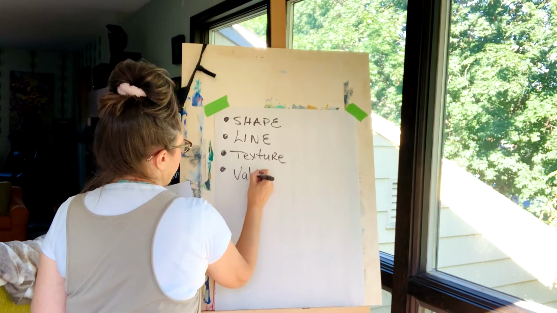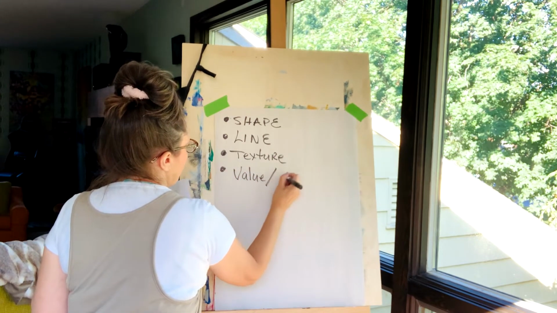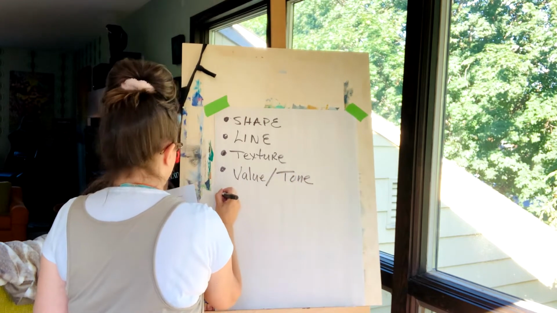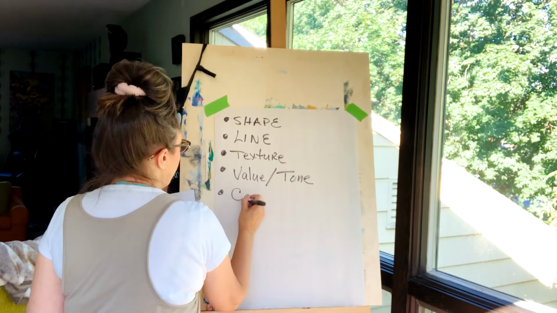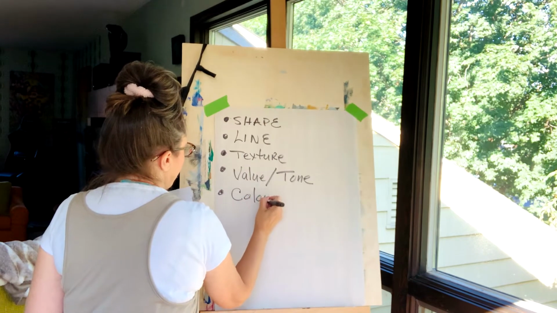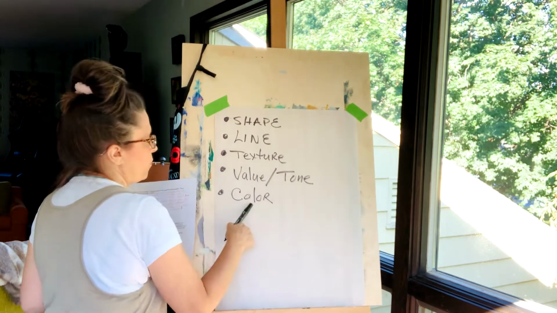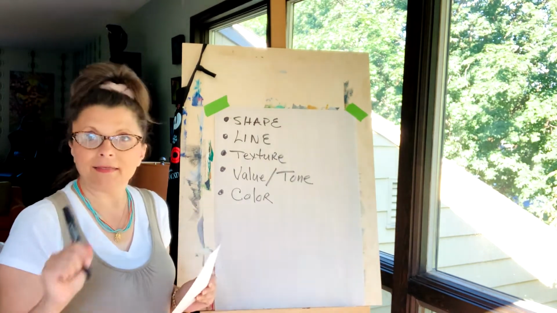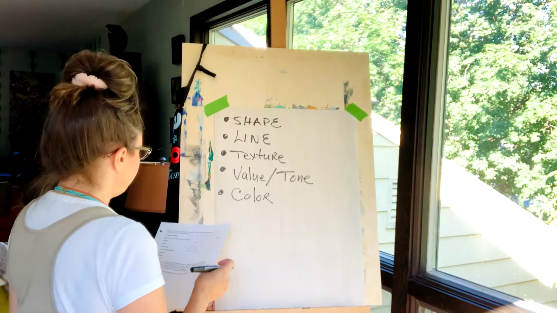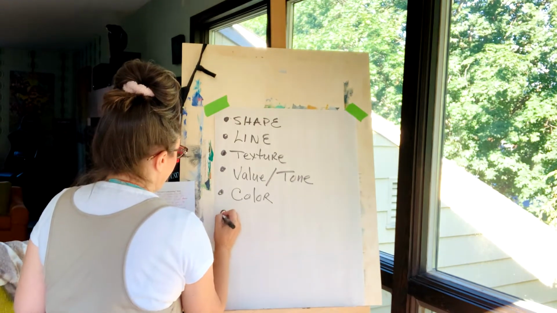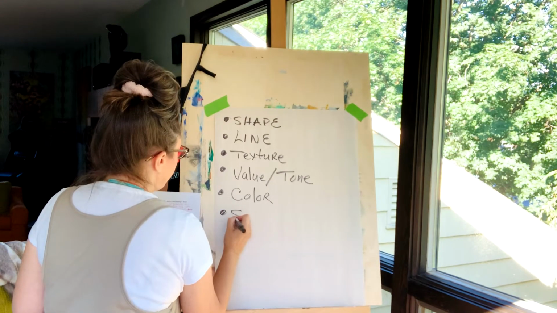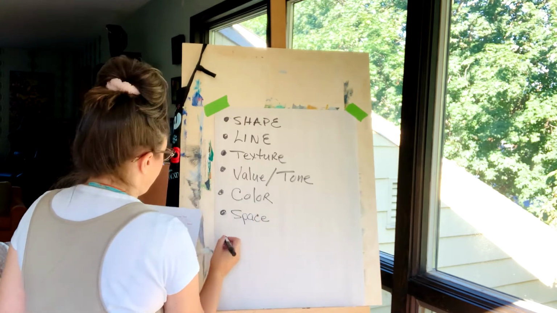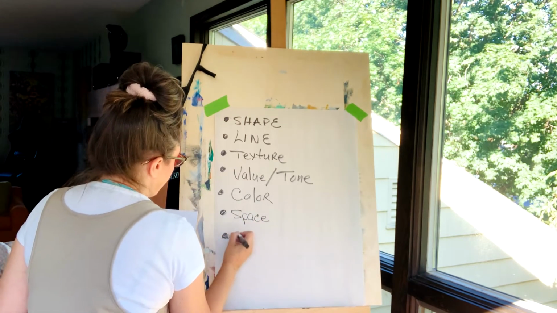Value, or some people call it tone. Color. Many of us think that color is the most important one, and for some people it is, but actually it's not as important as you'd think. Space and edge.